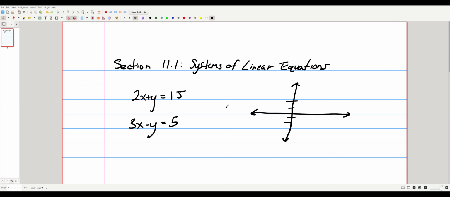Well, I guess you could break it into four. We have positive slope lines, negative slope lines, vertical lines, and horizontal lines. Okay, so the idea here is that we're drawing two different lines on the same graph. So what are the possibilities and what are the solutions to this set?